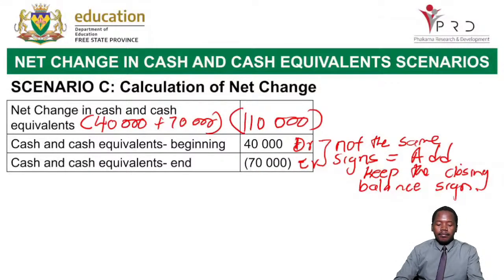Negative. Other learners can use a button up to say that 70 plus 40, because you are now going up. You add the 2. If you're going down, you subtract. So 110,000. And then it will become what? A negative. Why a negative? Because the closing balance is a negative. Grade 12s, please ensure that you study the scenarios here. Same way as you would study the scenarios on the text page.